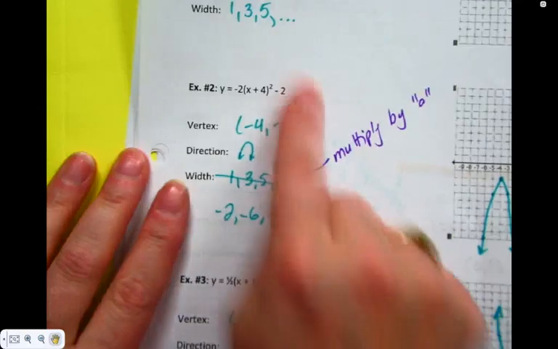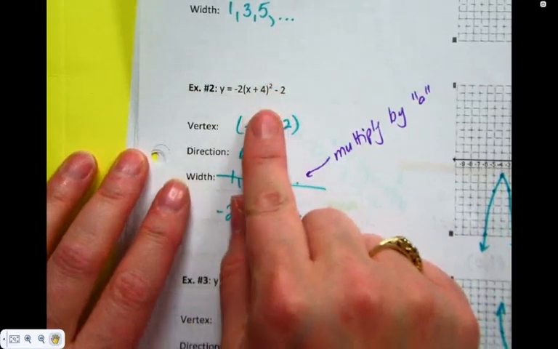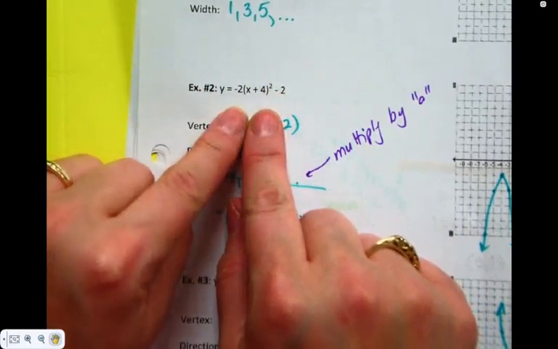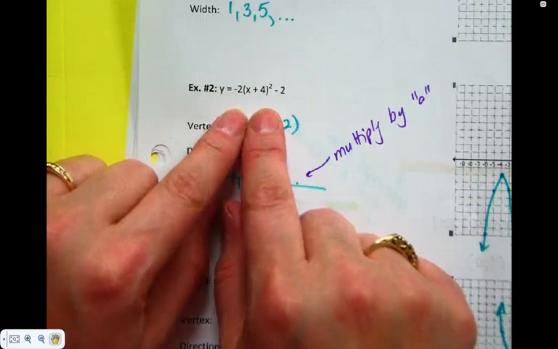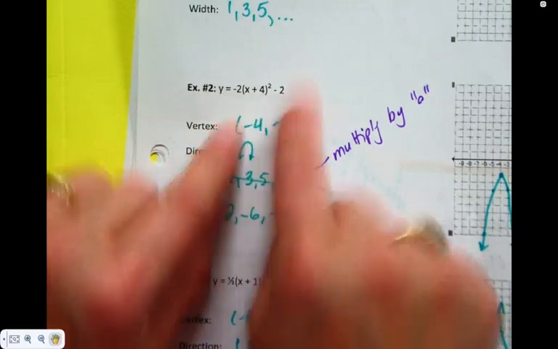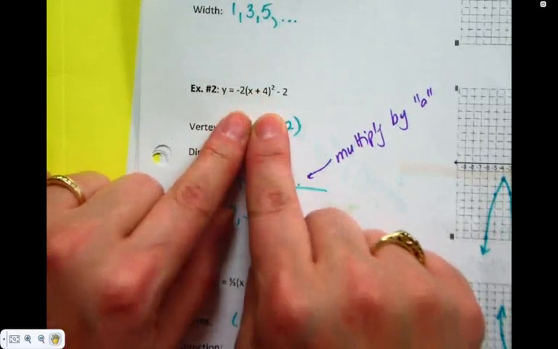I'm just going to go back to example 1, maybe 2 for a second. And let's look at the equation in example 2. Why would I not use the new method on this equation? It's not in intercept form. So how would I get the intercepts from this if I wanted to do method number 2?